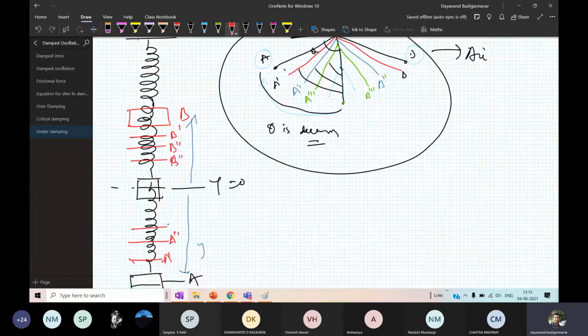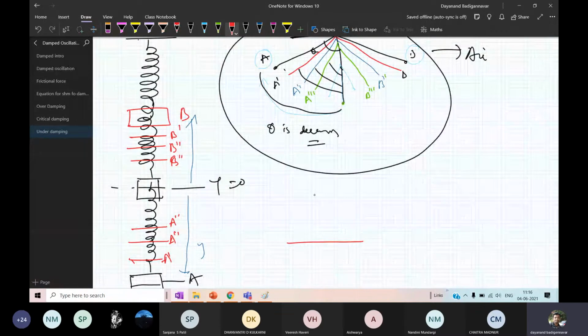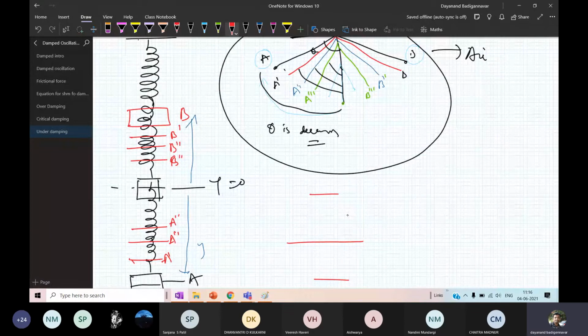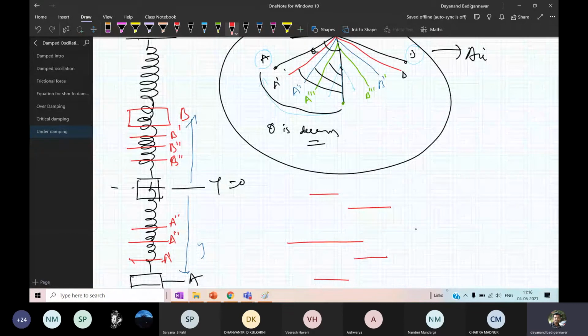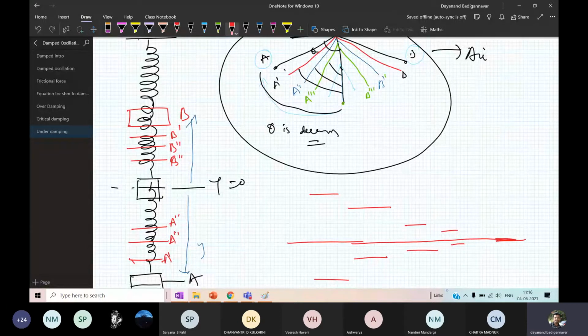So slowly the oscillations, initially it is like this, after some time like this, and eventually it becomes zero. This is the way the oscillations die. These are called underdamped oscillations.